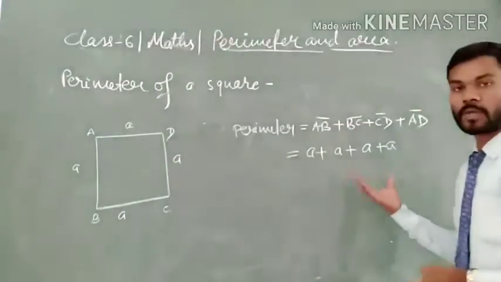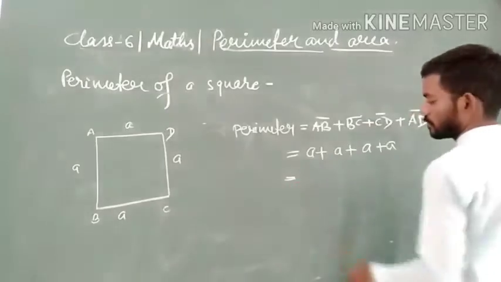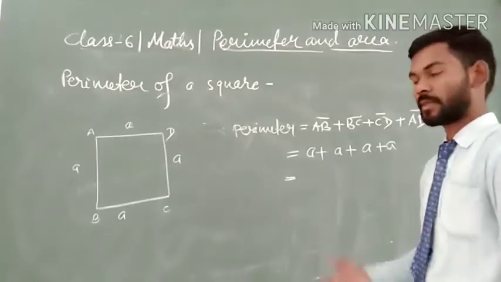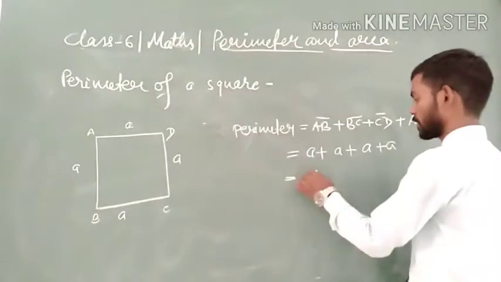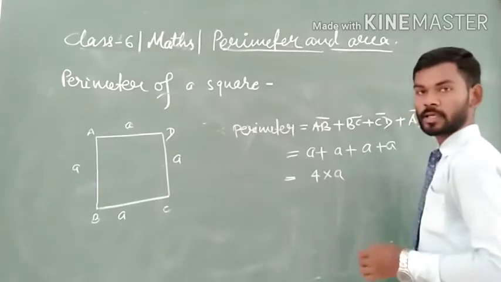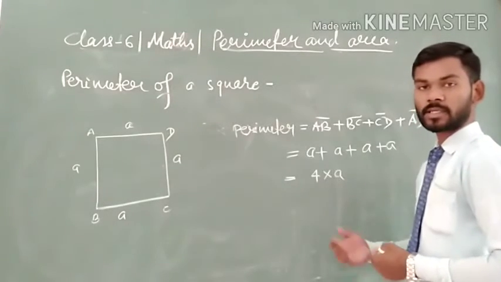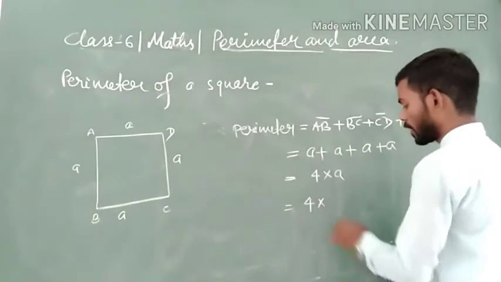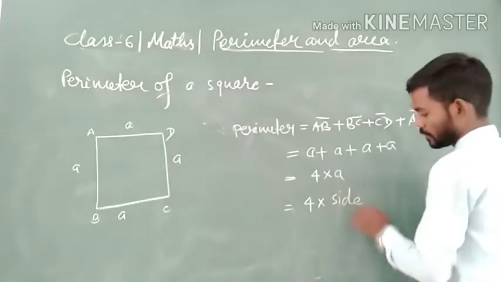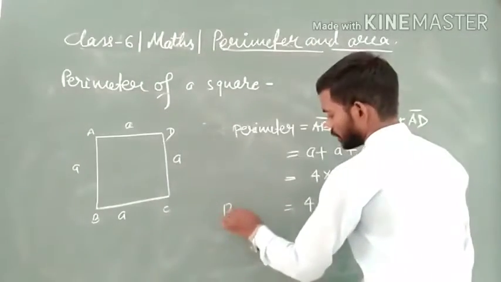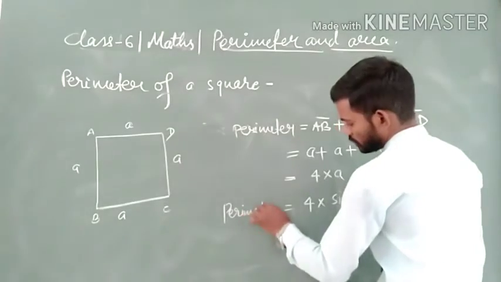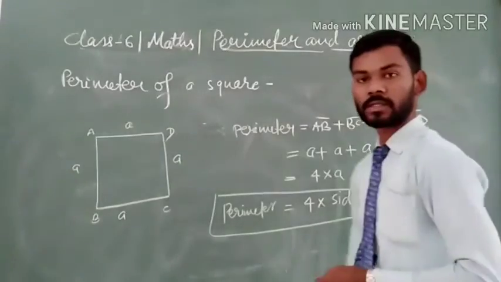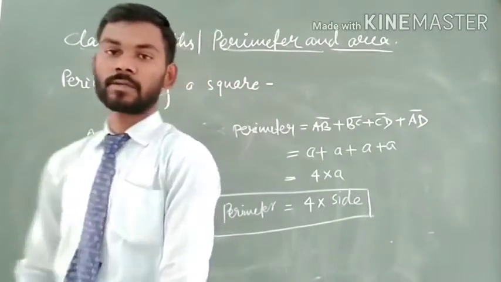Since here A is written 4 times, that's why it can also be written as 4 multiplied by A. What is A? A is the side of the square. So it can also be written as 4 multiplied by side. So this 4 multiplied by side is the perimeter of a square.